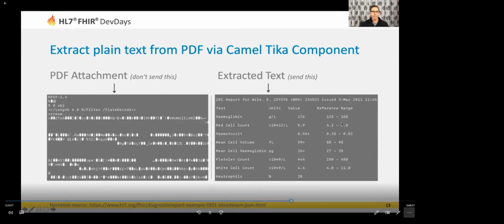Humans are great at looking at that and instantly recognizing that. NLP services will vary in their ability to process this type of data. So my recommendation is, if you have unstructured data, do some evaluation with the service that you intend to use to make sure that it can detect what you need it to detect.